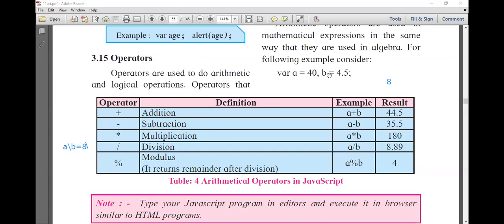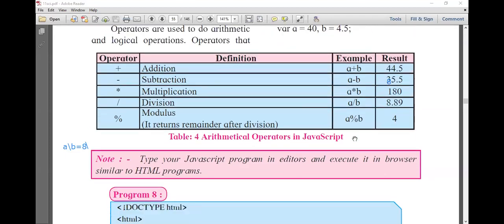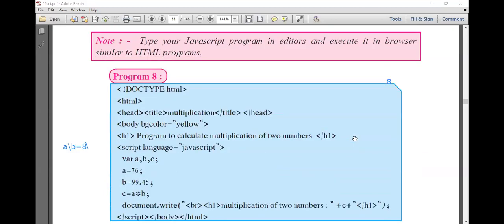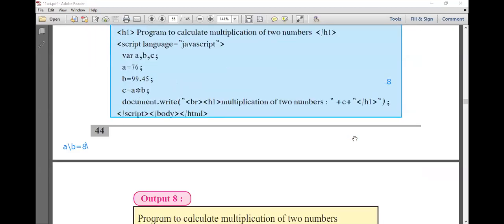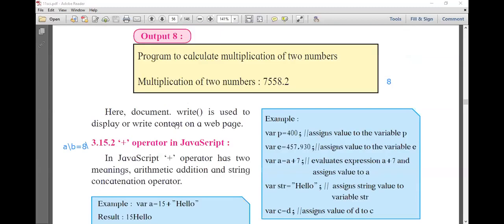So these are the basic arithmetic operators which we can use in JavaScript. Now, the plus operator we can use for two purposes in JavaScript.